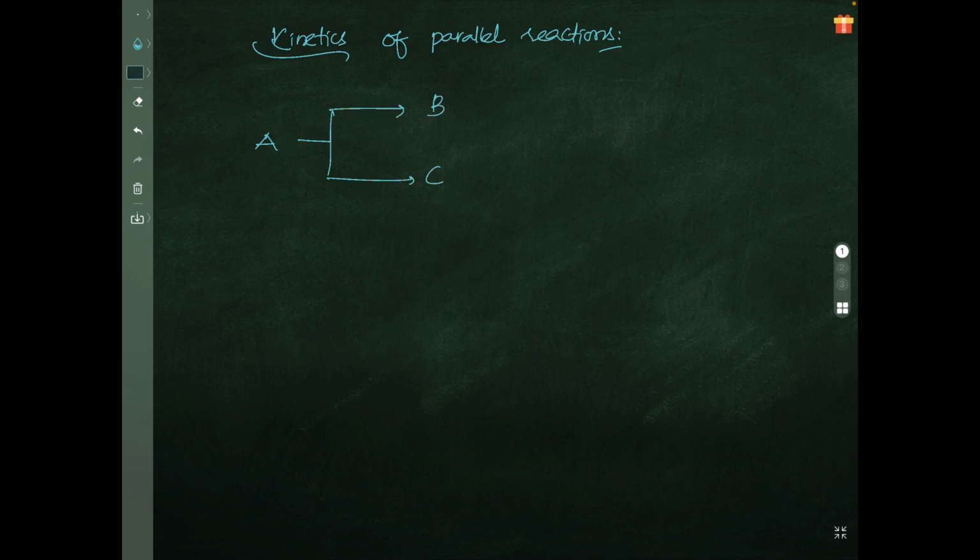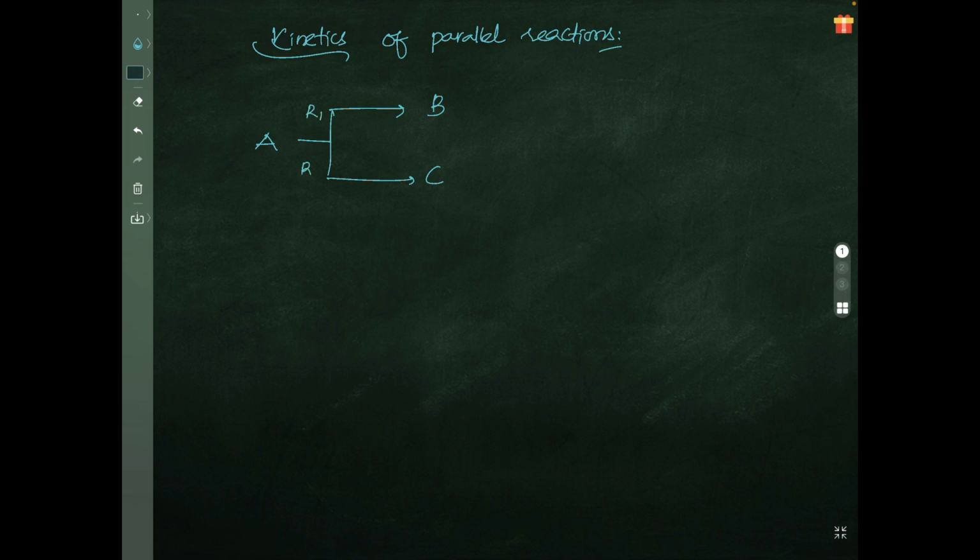Then kinetics. We will be discussing kinetics of parallel reactions. Very simple it is. A few important lines we will take. For example, A is converted to B as well as C. This you can say R1.